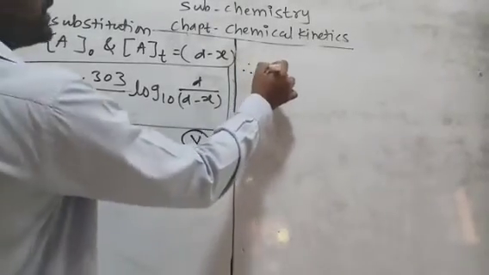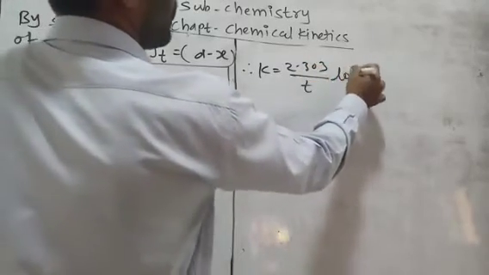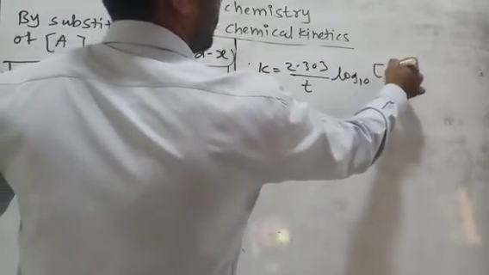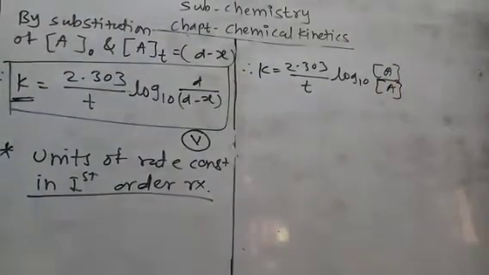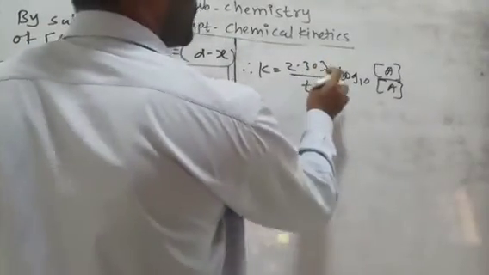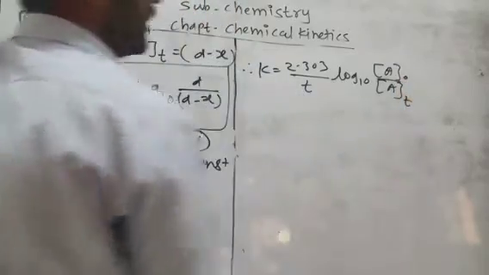Therefore the equation is k is equal to 2.303 divided by t log to the base 10 of a0 divided by at, considered in the form of concentration of A.